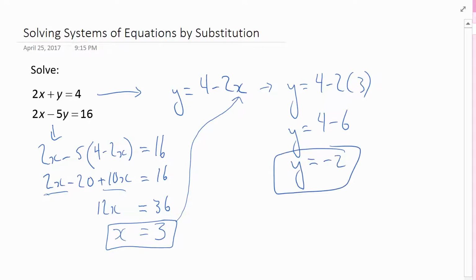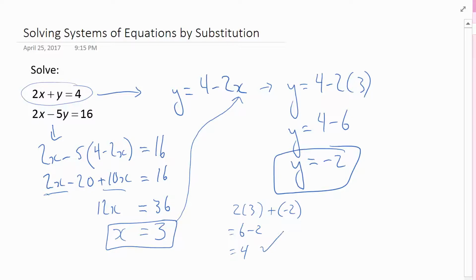Now we can go ahead and check just to make sure that this solution, x equals 3, y equals negative 2, is actually going to work. Check the first equation. 2 times 3 plus negative 2. That is 6 minus 2, which is 4. That's what it's meant to equal. Works in the first equation.